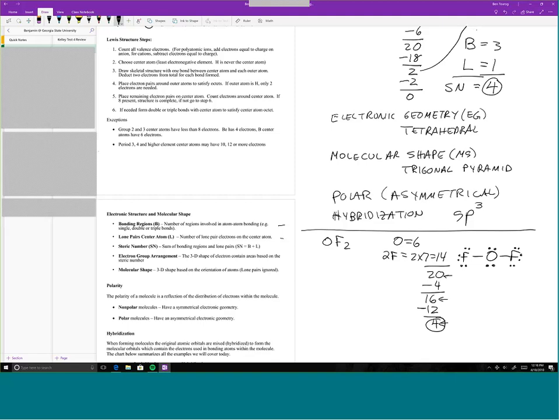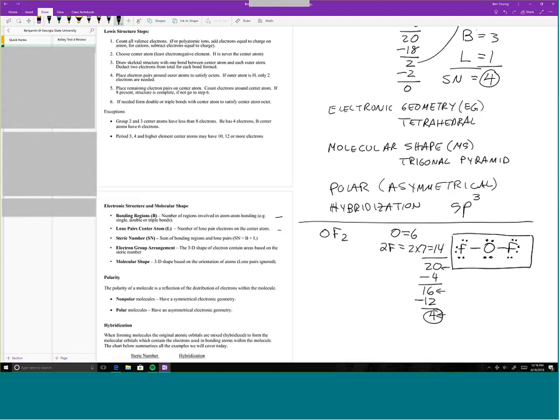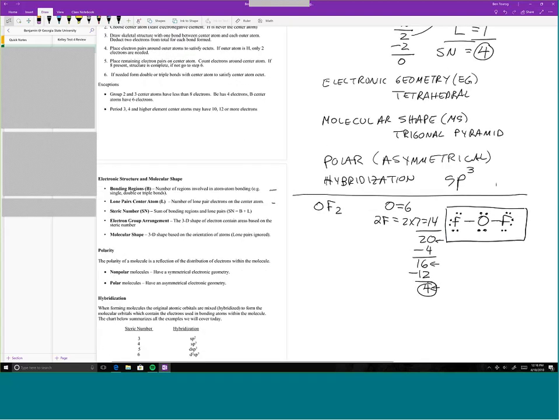Okay. Count the electrons around the center atom. The oxygen right now has 1, 2, 3, 4 from the 2 bonds, 5, 6, 7, 8 from the 2 lone pairs. So the octet is good. So we can say that is our Lewis structure for OF2.